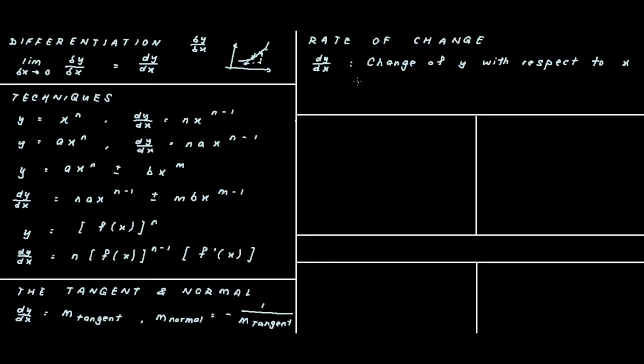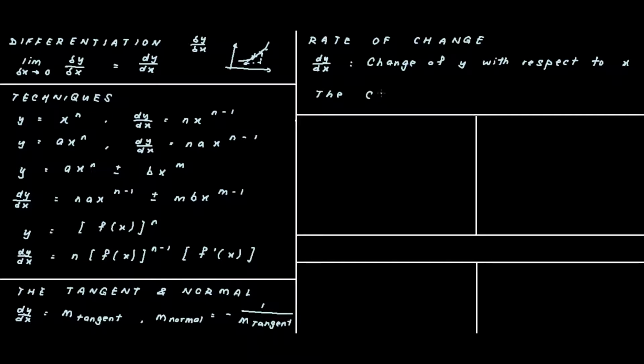And for this part, we actually use it in a lot of applications also, where we don't really deal with just the variables x and y only. We deal with things like dA dt, which is the rate of change of area with respect to time, stuff like that. Under this part, you also learn the chain rule.